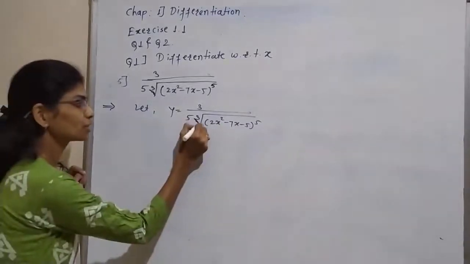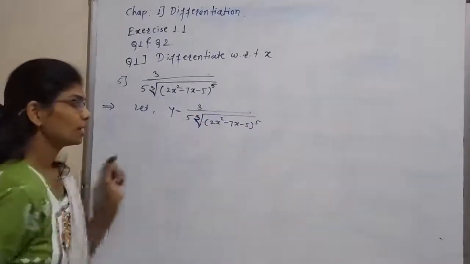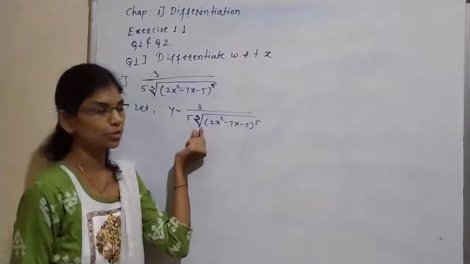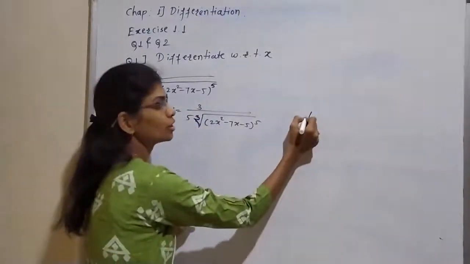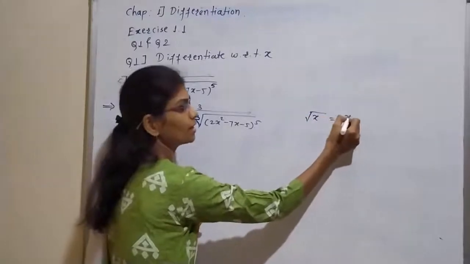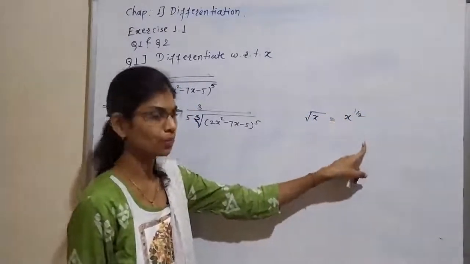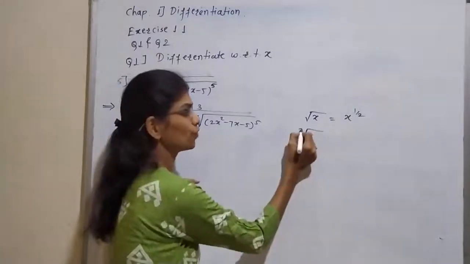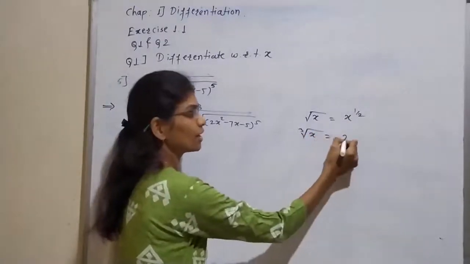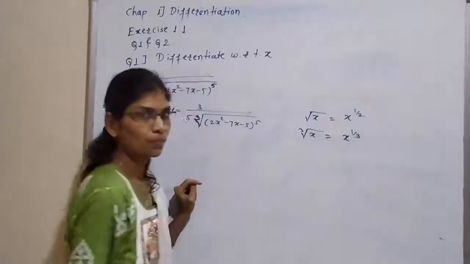But in that function, the root term is used. Whenever we take the square root of x, at that time we write it in the form of a power or index as x raised to 1 by 2. Whenever we take the cube root of x, at that time we can write it as x raised to 1 by 3.